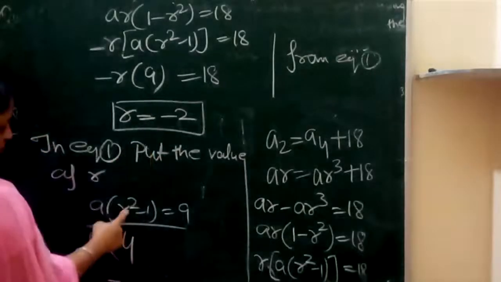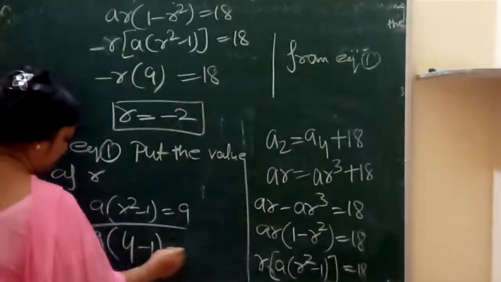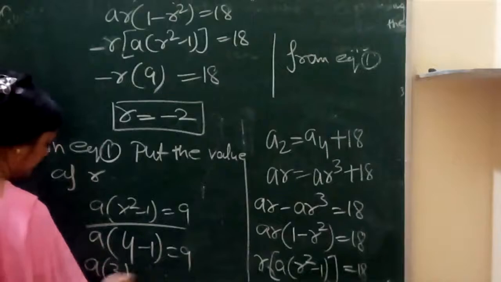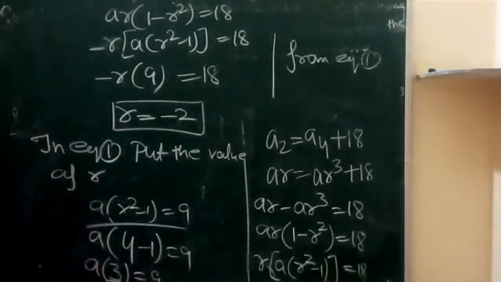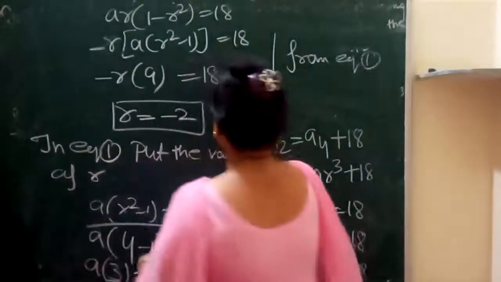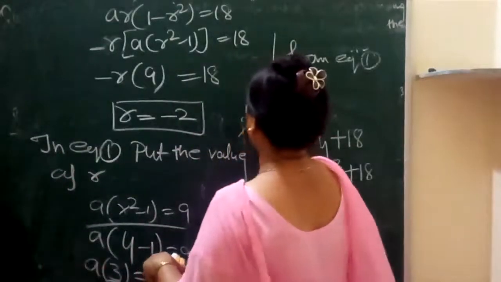Minus 1 is equal to 9. So A into 3 is equal to 9. So what is the value of A? A is coming 3. The value of A is equal to 3.